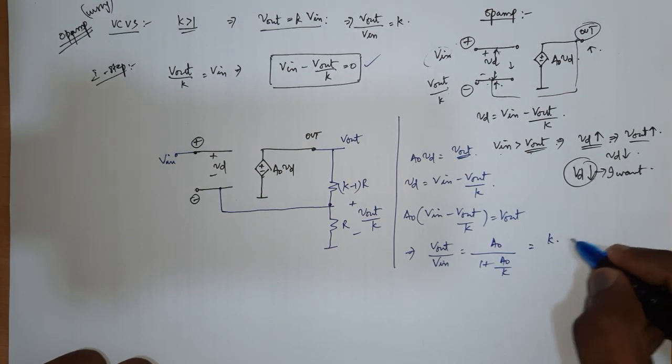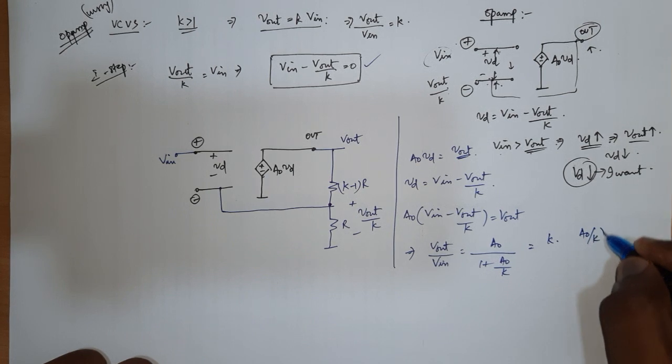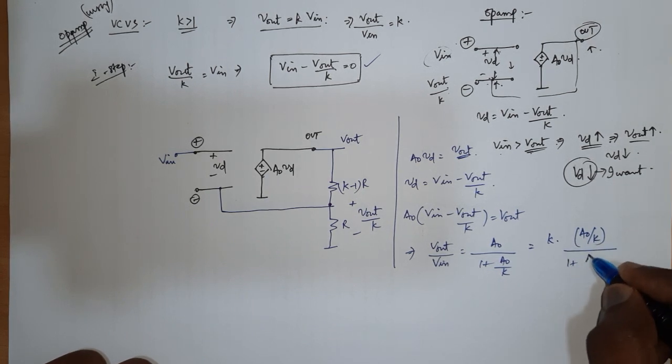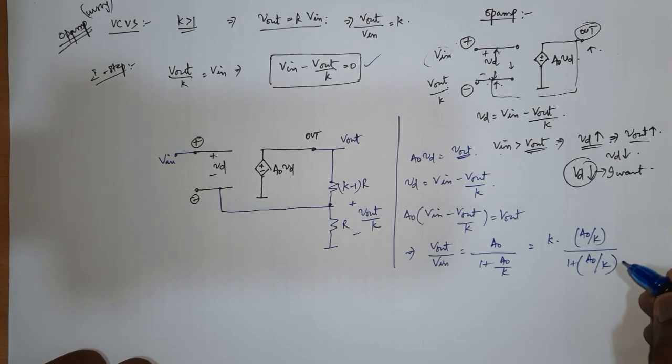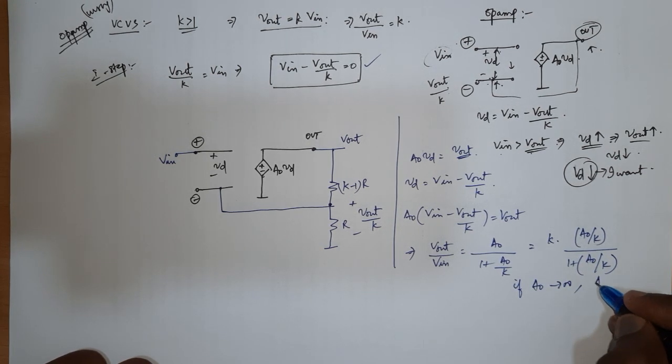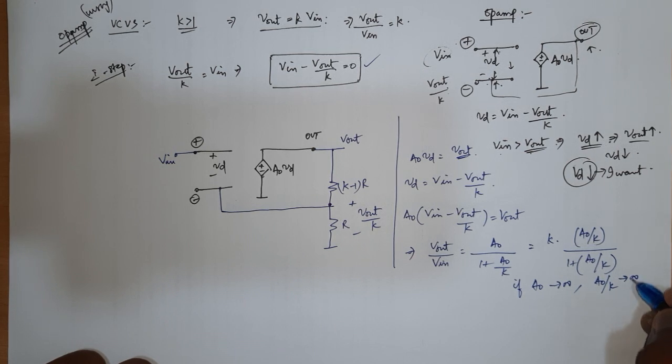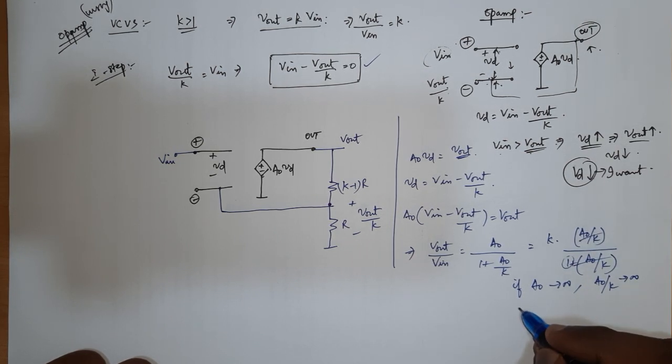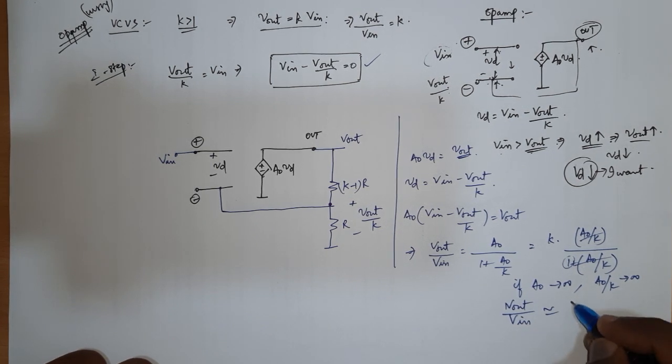I can always rewrite it as K times (A0 by K) divided by (1 plus A0 by K). If A0 tends to infinity, then A0 by K tends to infinity, and I can neglect this 1 in that case, and this will get cancelled. So I'll get Vout by Vin approximately equal to K.